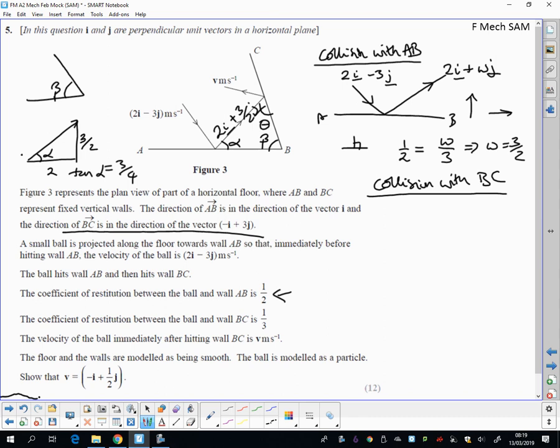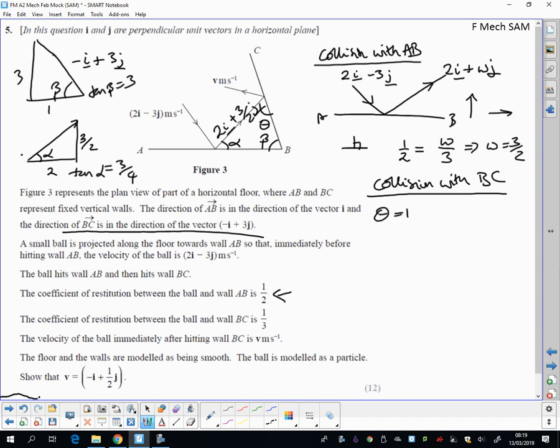So BC has direction -I plus 3j. So -I makes that side 1, 3j that side 3. So tan beta is going to be 3. And so the angle our current velocity is going to make with the wall is theta.